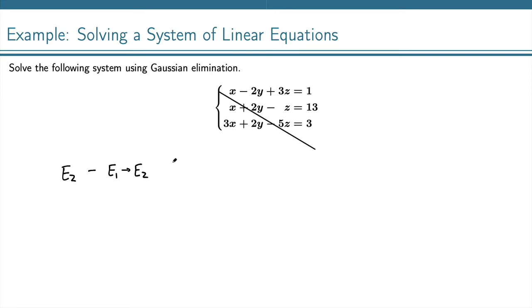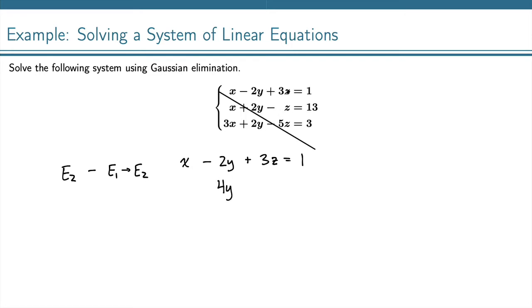So this gives us a new system. Our first equation stays the same, of course. Oops, that's a z. And then here we have x minus x, and that just disappears. There's just a 0 there. And then 2y minus -2y is 4y.